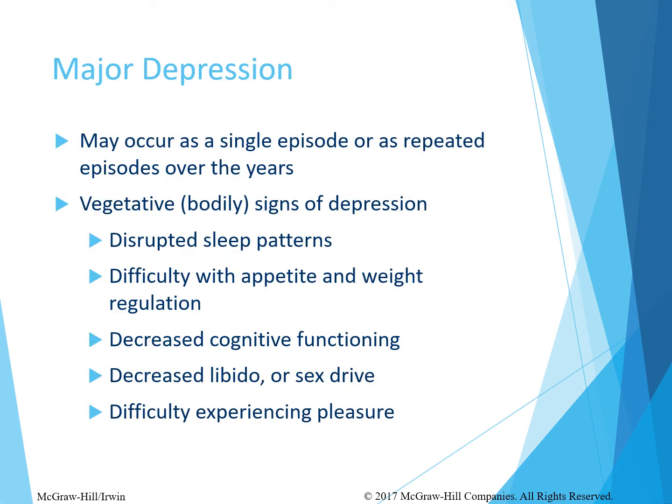Major depression may occur as a single episode or as repeated episodes over the years. There are many bodily signs called vegetative signs of depression. And what are some vegetative signs or body signs?